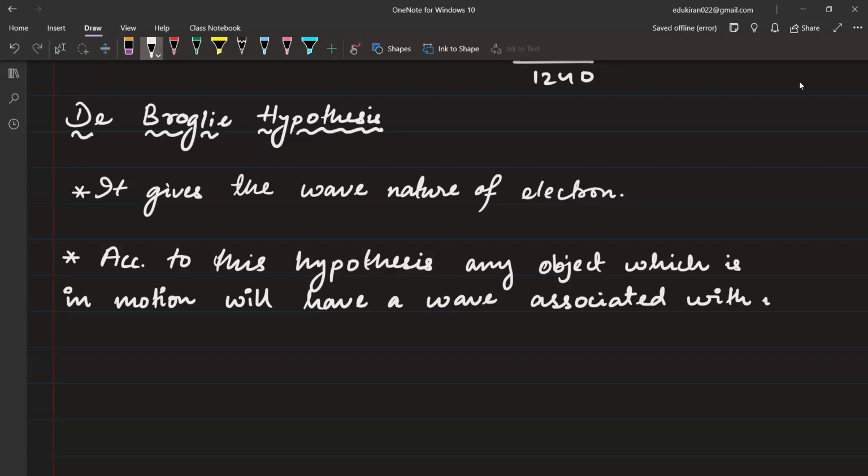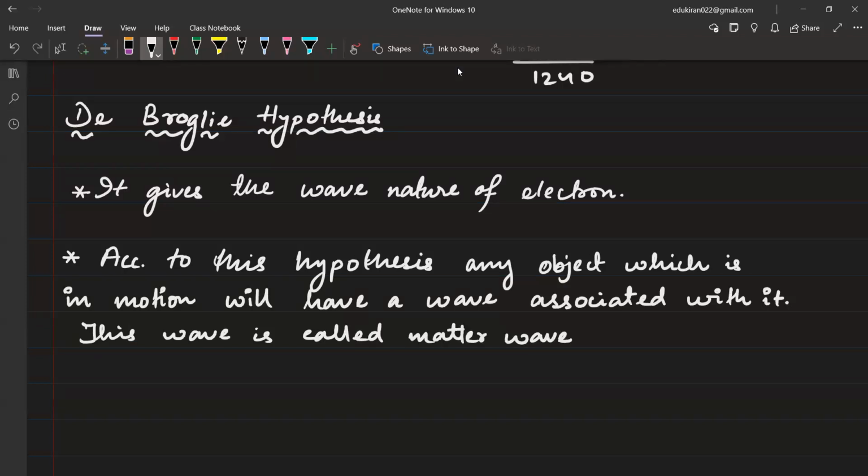Any object, it doesn't matter what object it is, everything. This wave is called matter wave or de Broglie wave.